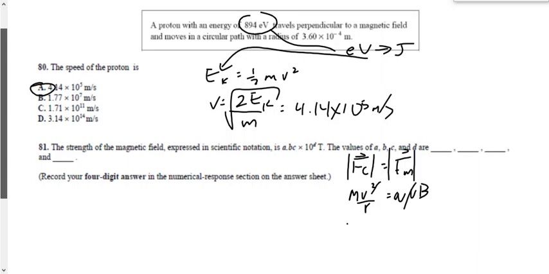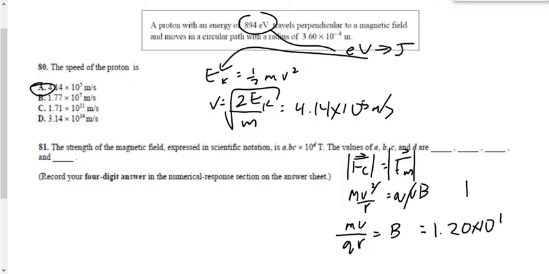So I get mv over qr equals B. I think when you do the math there, B works out to be 1.20 times 10 to the 1, which would express an ABCD answer as 1201.